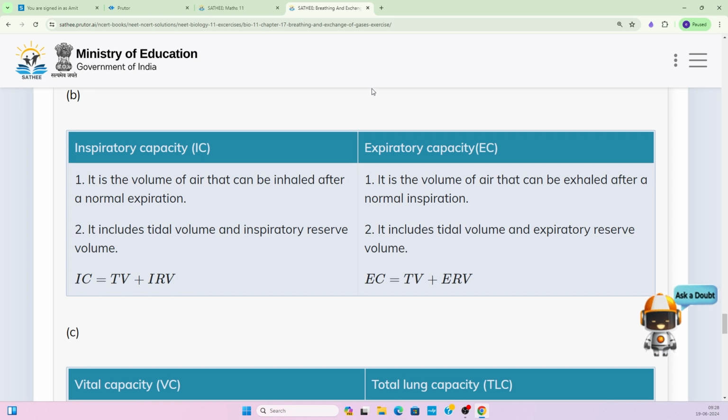Here it is inhaled and here it is exhaled. So this is the capacity. Inspiratory capacity is the TV plus IRV, and expiratory capacity is the TV plus ERV. Expiratory reserve volume and inspiratory reserve volume, right?